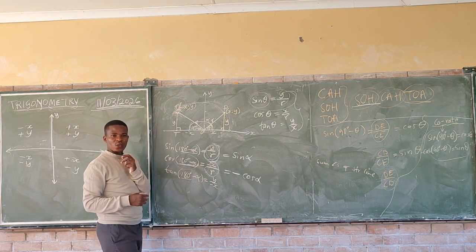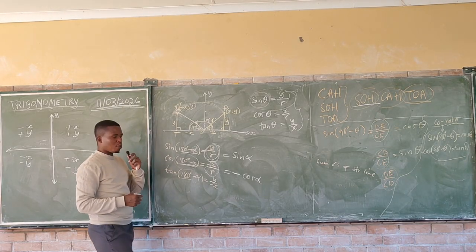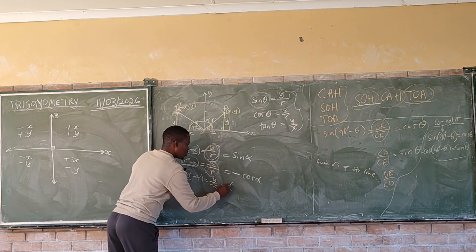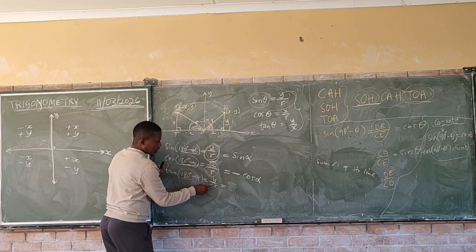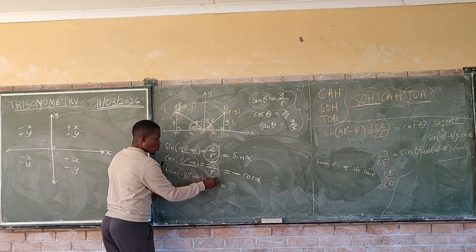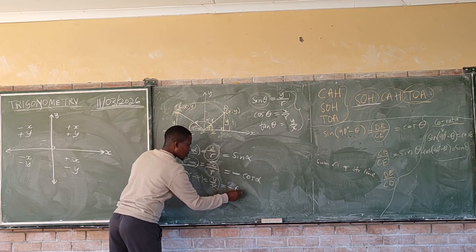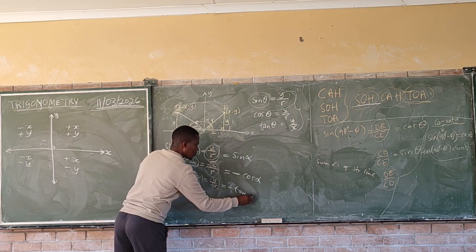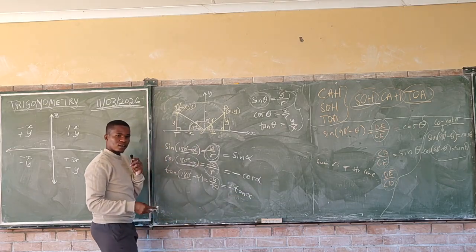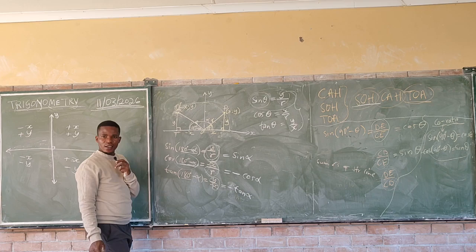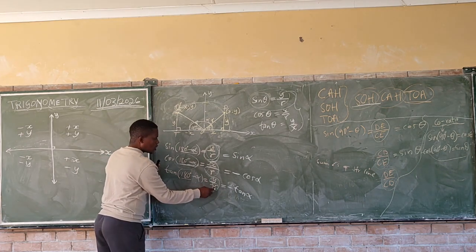But which quadrant you are in will determine whether it is positive or negative. So this one is equal to the negative tan of alpha, because y over x is in the first quadrant again. So the only change is the sign.